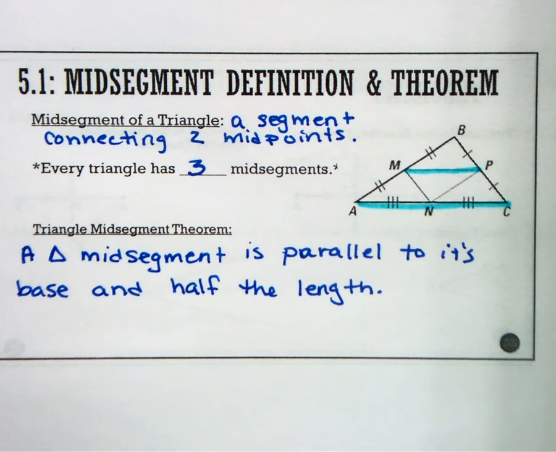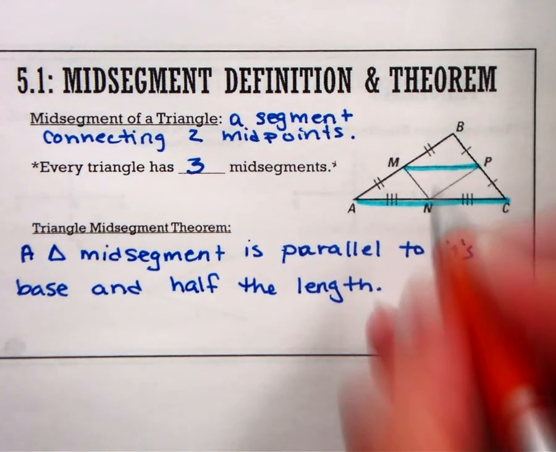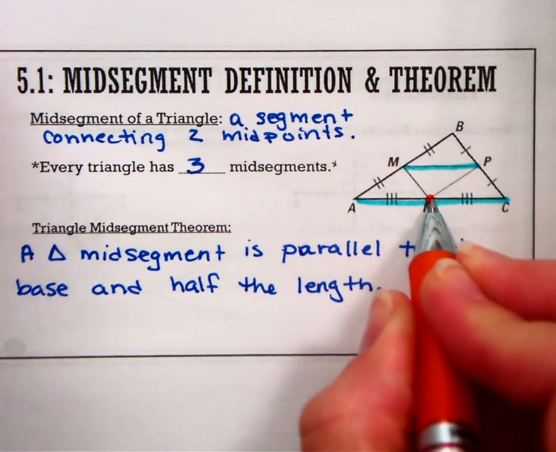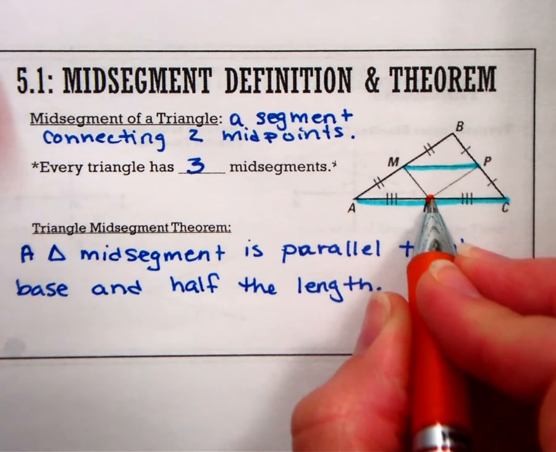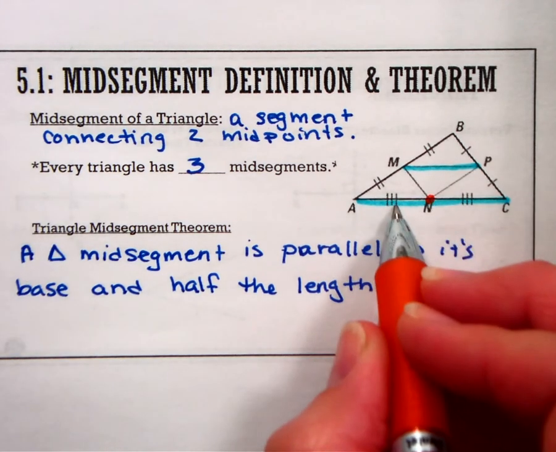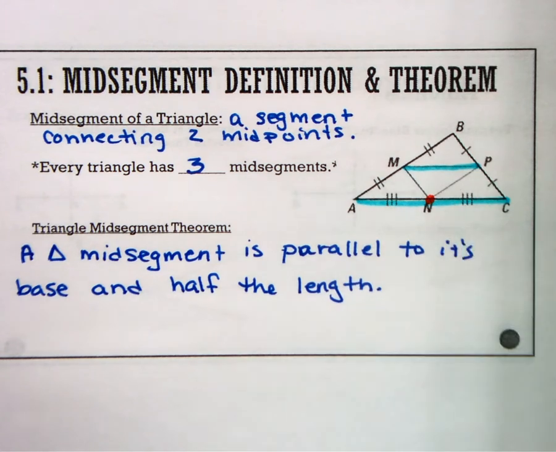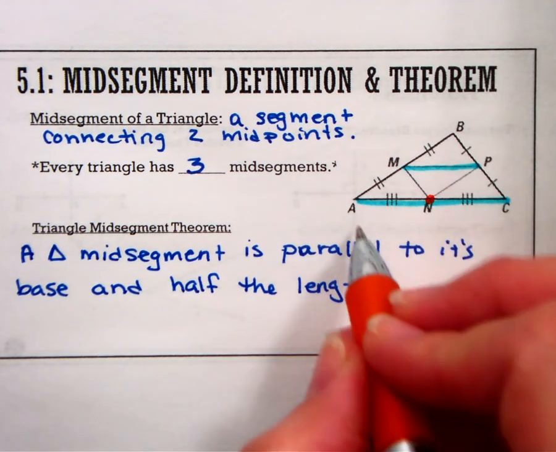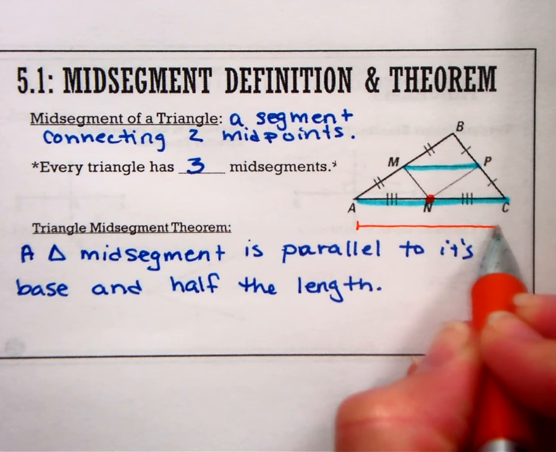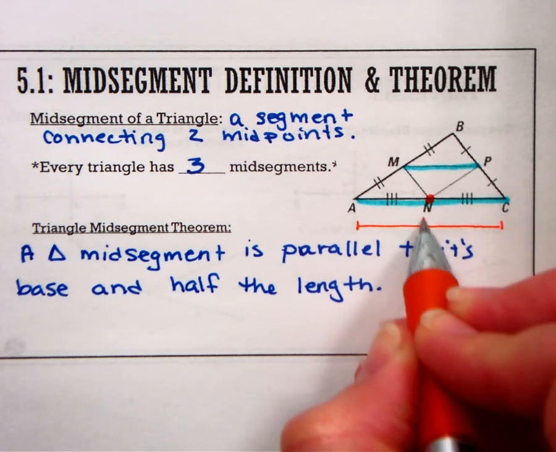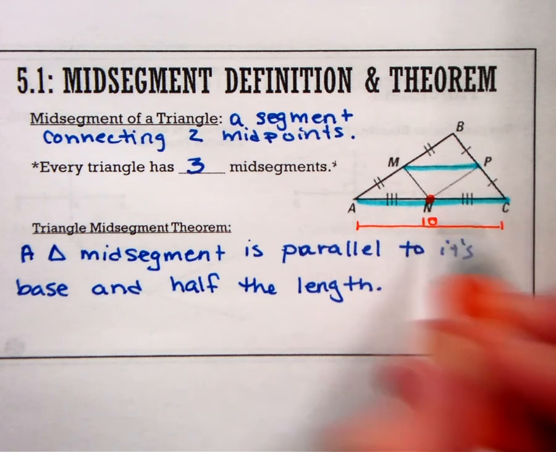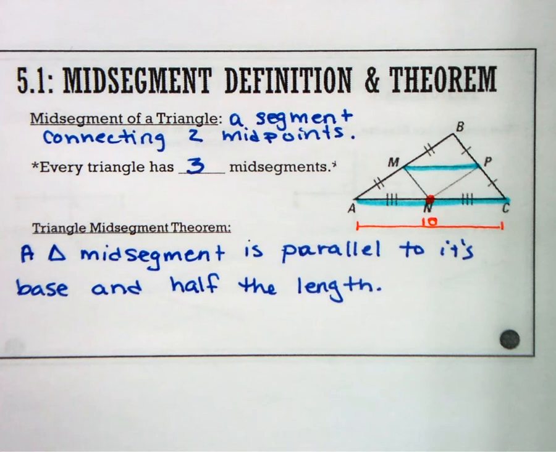Okay, so here's the other thing. I want you to notice the tick marks. Okay? M is a midpoint, right? That's what we were talking about. This has 1, 2, 3 tick marks. This has 1, 2, 3 tick marks. Let's pretend for a second that from A to C is a length of 10. Pretend that's a length of 10. So then, again, it's a midpoint.